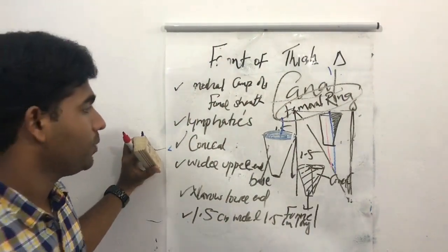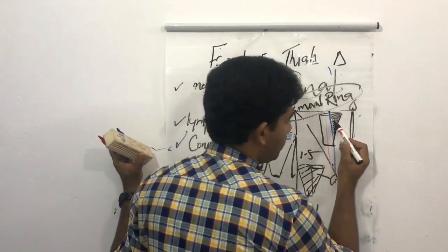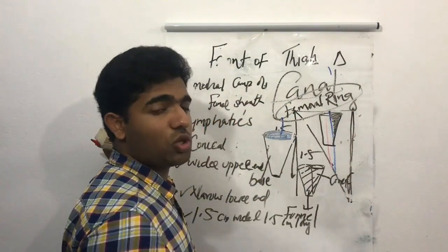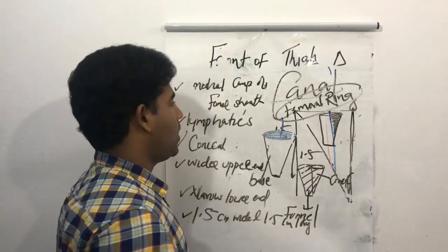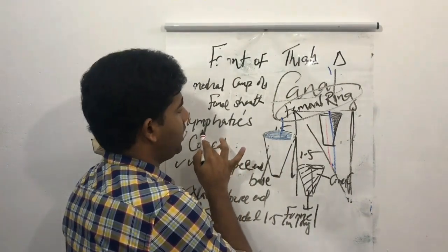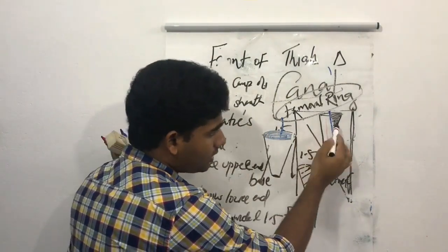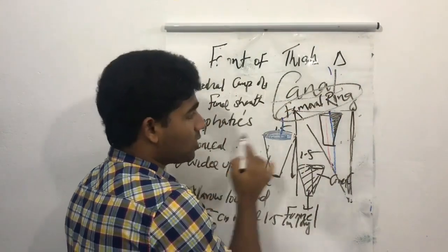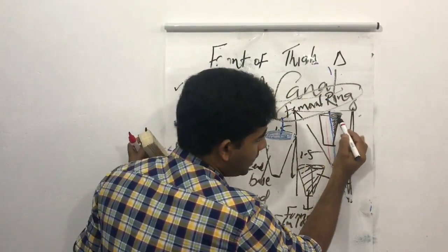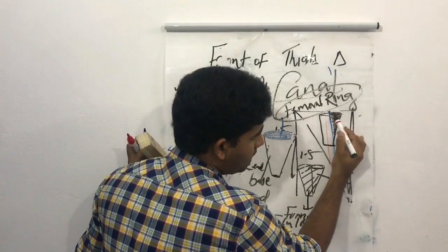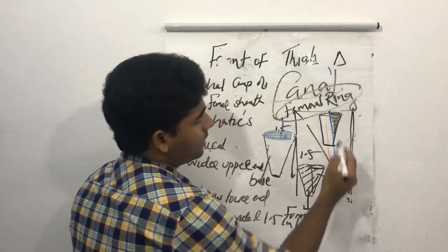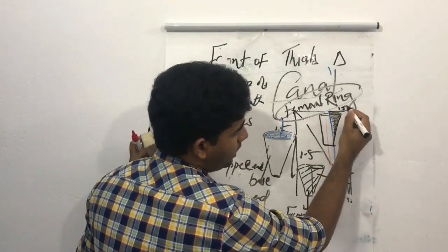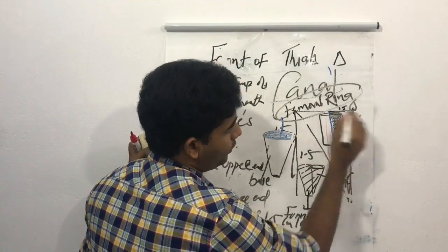Once again, the medial compartment of the femoral sheath is the femoral canal, containing lymphatics, so it is the lymphatic compartment. It is conical in shape, wider at the base, 1.5 centimeter wide, and total length is also 1.5 centimeter.